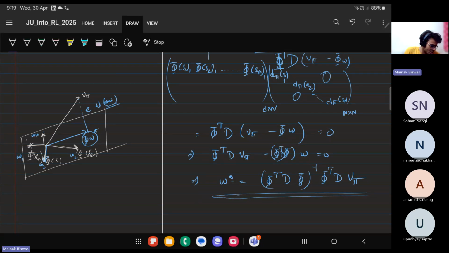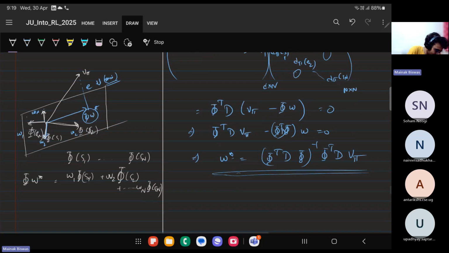These basis vectors in terms of phi S1 dot dot phi Sn. And all we are doing is W1 phi S1, W2 phi S2. This is what Shoham was telling me initially. Wn phi Sn. And this is going to give me phi times W star.